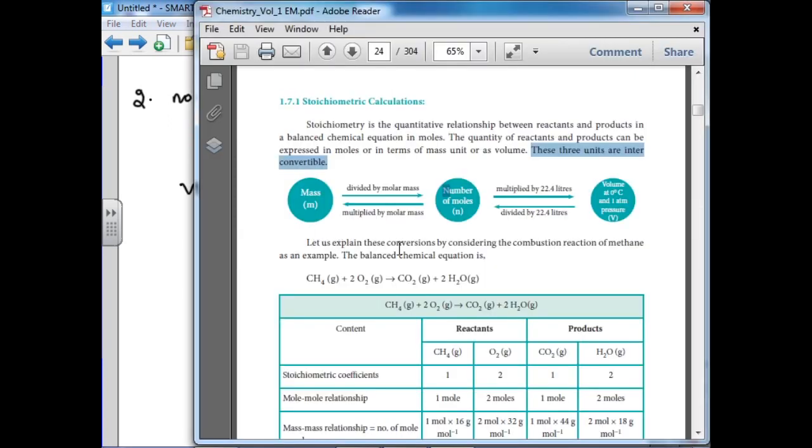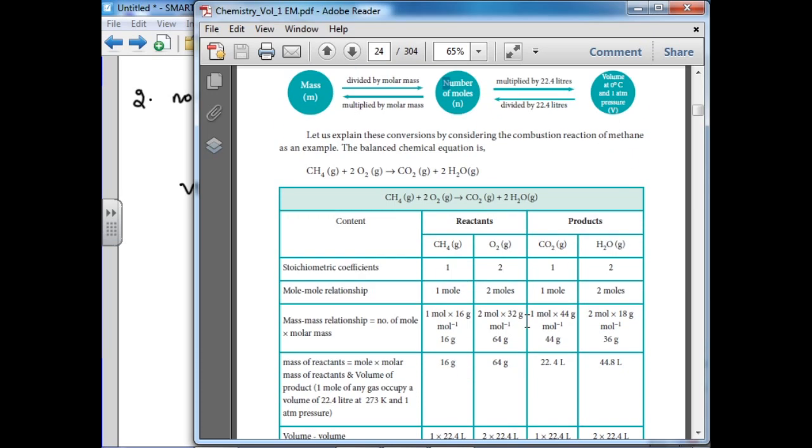Let us explain the conversions by considering the combustion reaction of methane as an example. The balanced equation: CH4 plus 2O2 gives CO2 plus 2H2O.